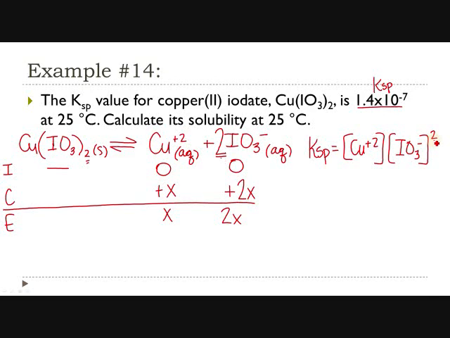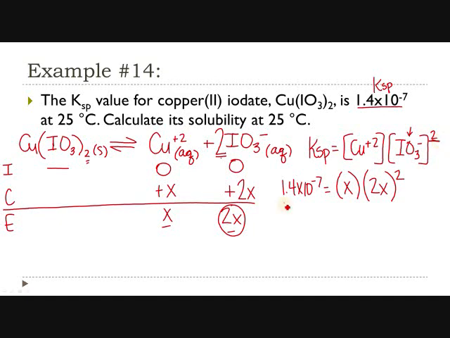Okay, so when we plug it in, it's going to end up being 1.4 times 10 to the negative 7 is equal to x for copper times (2x) quantity squared. Okay, so we are plugging in the 2x from right here into our expression right there, and we still have the square because that is supposed to be included for the K expression.